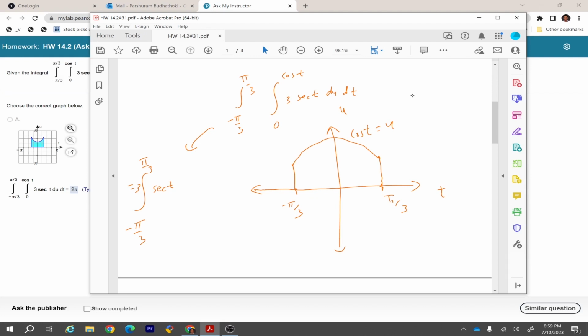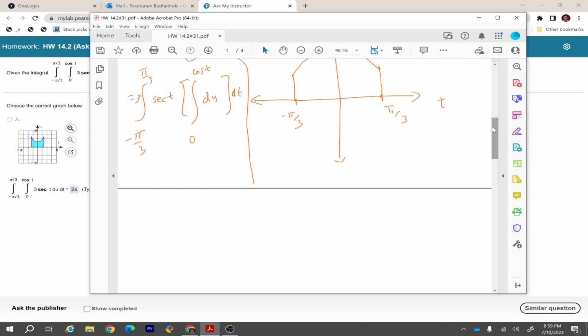Now the second integration is from 0 to cosine of t. For du there is nothing inside, and then there is a dt outside. So we just need to find the integration inside here.